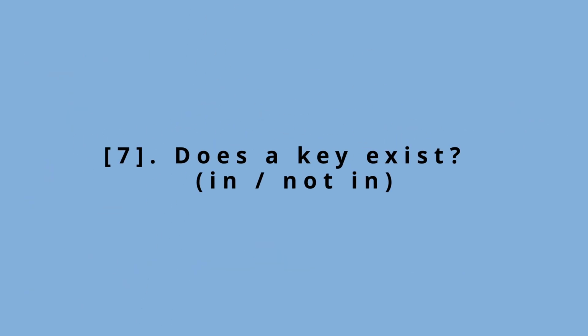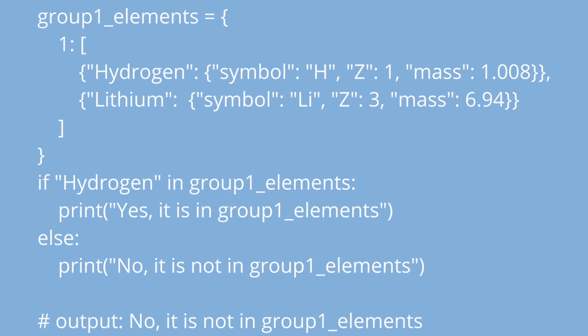Does a key exist? To check if a key exists or not, use in, not in. For the dict group 1 elements, if you do if hydrogen in group 1 elements, it will print no, it is not in group 1 elements. Why?